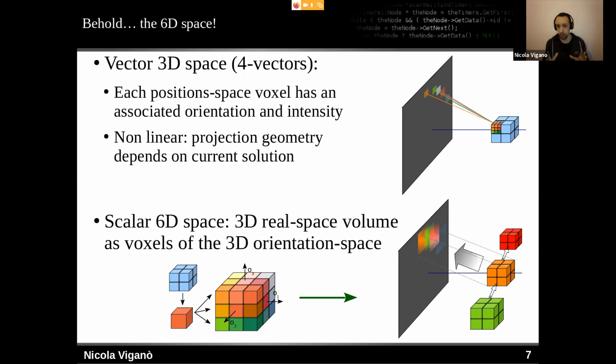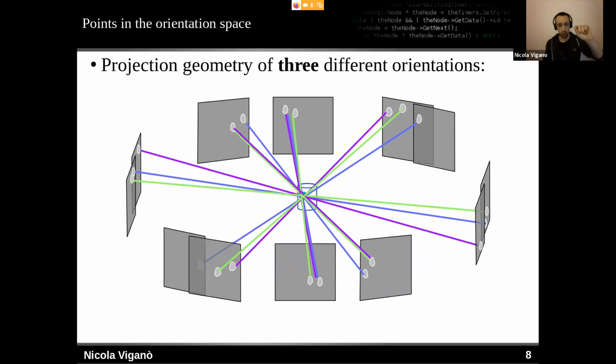So this simplifies everything, because at that point, we can project each volume with standard tomography codes, okay? So this just is to show that with 3 different orientations, we have the fixed projection geometry for the 3 of them, and it's fixed from the very start to the very end of the iteration process for the reconstruction of the local misorientation.